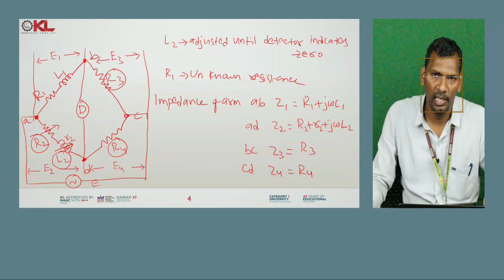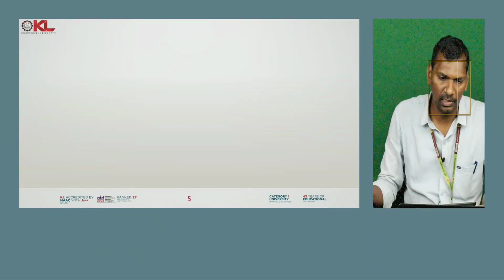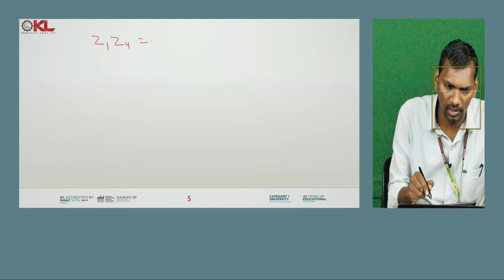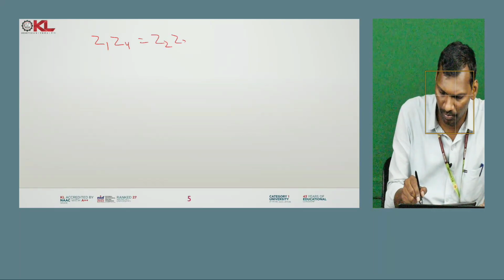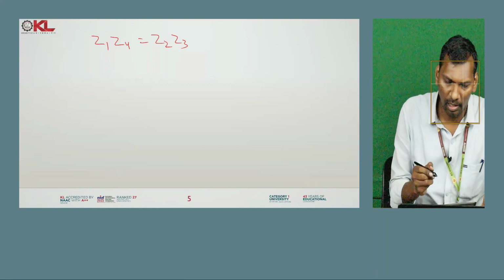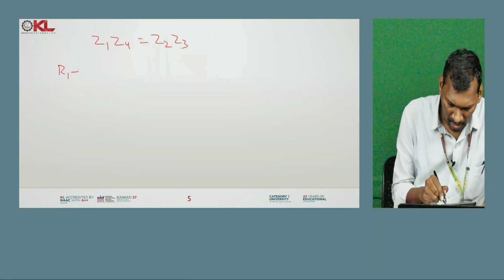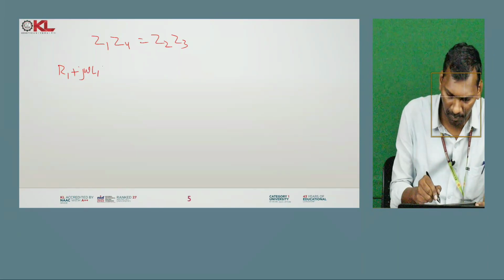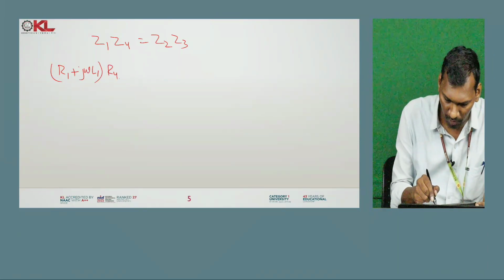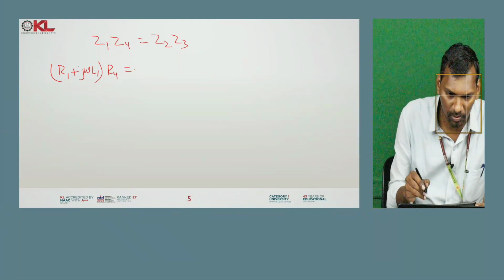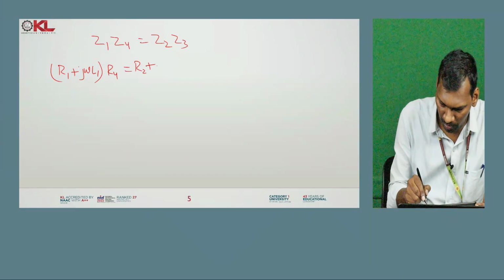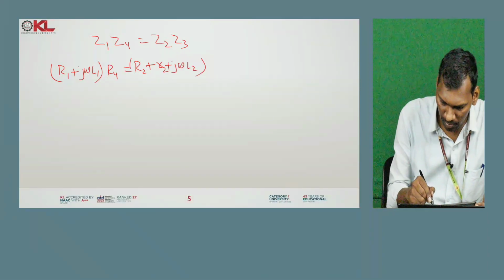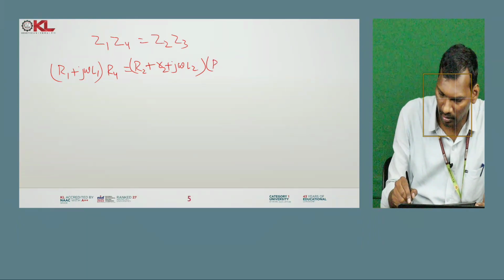Now for a balancing condition, Z1 Z4 is equal to Z2 Z3. Now Z1 is nothing but R1 plus j omega L1 into Z4, which is R4, which is equal to R2 plus r2 plus j omega L2 into R3.